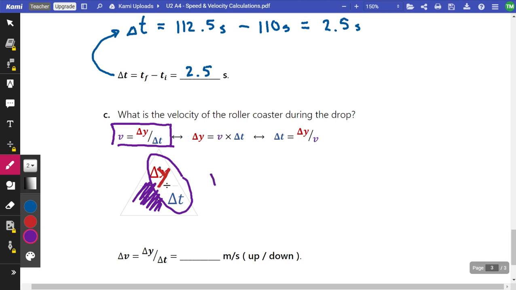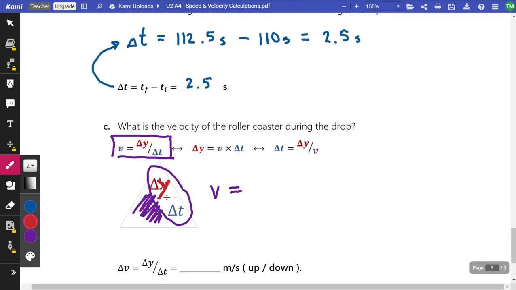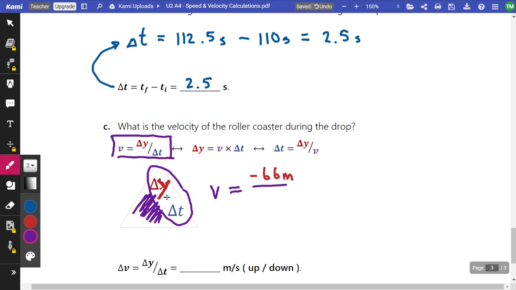So our velocity, v, is going to be equal to our change in height, which we calculated to be negative 66 meters, all right, divided by our change in time, which was 2.5.